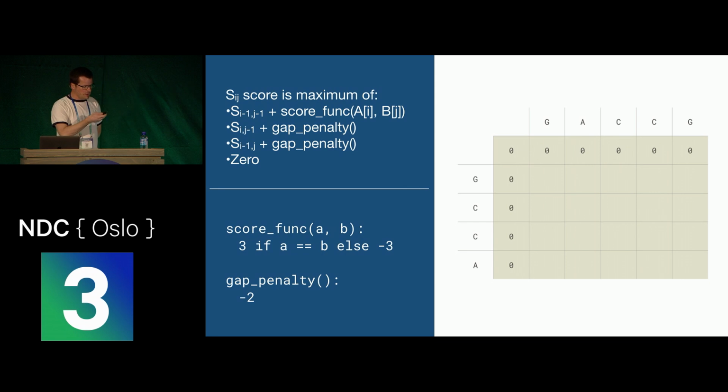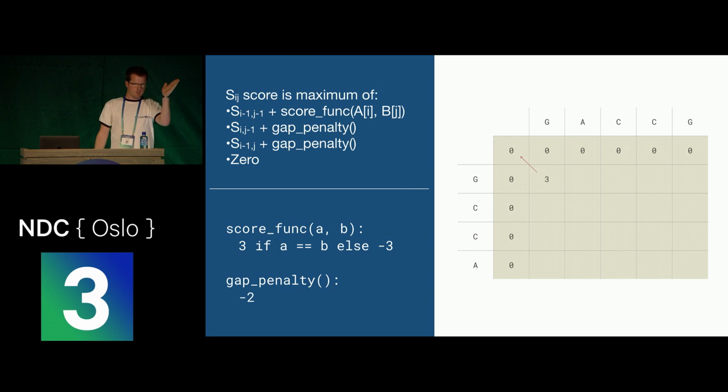So if we run that algorithm for this first cell, G and G, we get a score of 3. We get not just a score of 3, but we get a back pointer to where we got that maximum score from. The algorithm said these are the same, so you got the score of 3 plus your incoming 0, that gives you a 3, and it remembers that arrow for you.